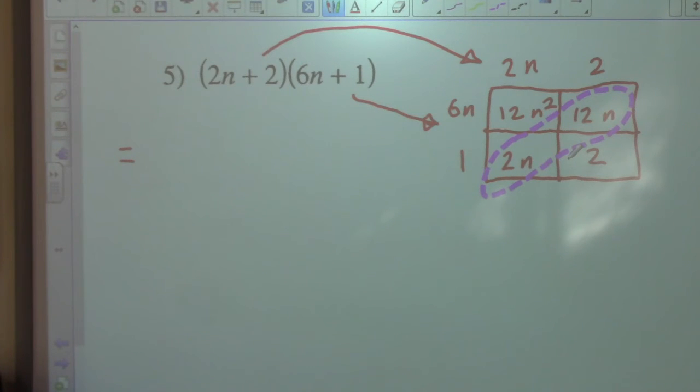So we're going to add these together. Our answer is going to be 12n squared plus, you have 2n plus 12n, and you have to add these together, so we get 14n, and then finally plus 2.